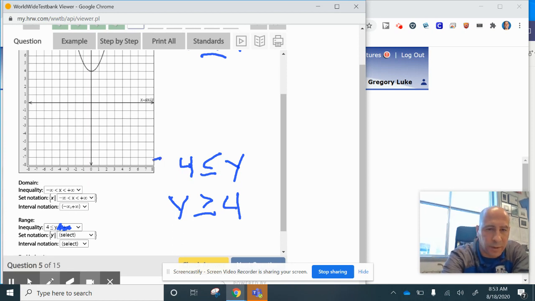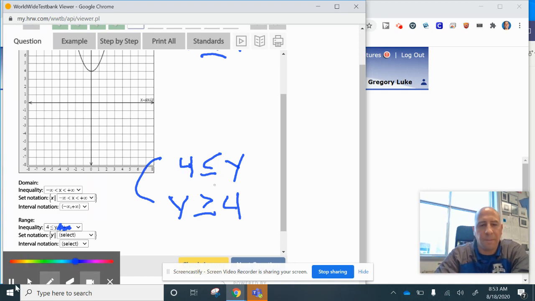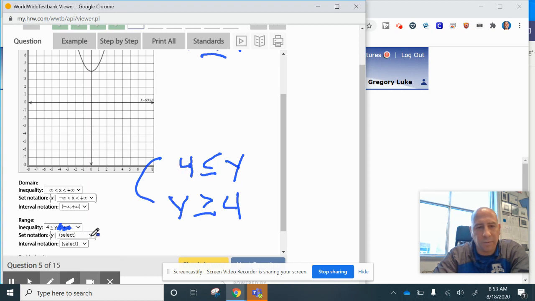By the way, these are the same thing. If you were to flip your computer over, you would see that this would become this and this would become that. Okay, so that's the correct answer. I would just disagree that you have to put the infinity aspect because y is greater than or equal to 4 implies going to infinity. All right. Now, set notation, once you have this, it's the same thing.